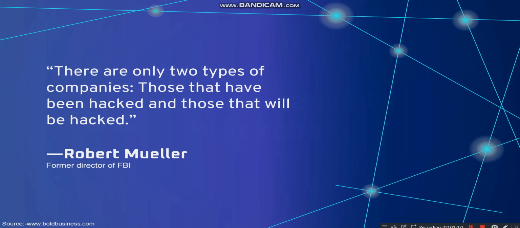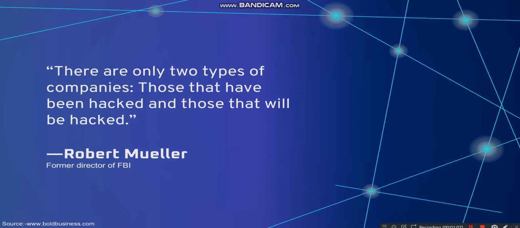The former director of the FBI, Robert Mueller, said that there are only two types of companies: those that will be hacked in the future and those that have been hacked once in their life. He is speaking from the perspective of security, that no company is free from the risk of security breaches.